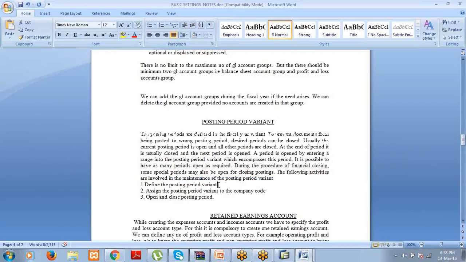Number one, define the posting period variant. Means first we define the variant. Variant means an object for which some values are defined. That is called variant. Then assign the posting period variant to the company code. Number two, open and close the posting periods. So these are the three activities involved in the maintenance of posting periods. Now we will see one by one.